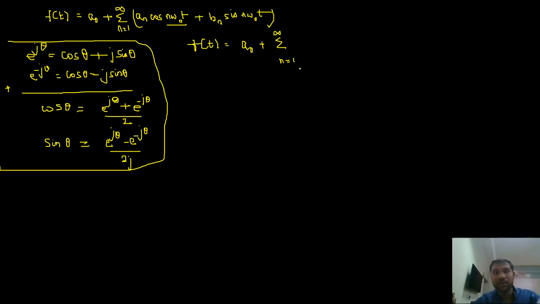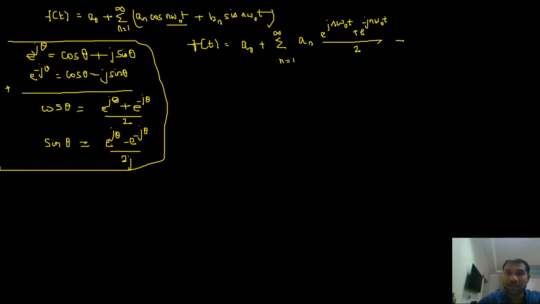In place of cos nω₀t, I can write (e^(jnω₀t) + e^(-jnω₀t))/2, right?